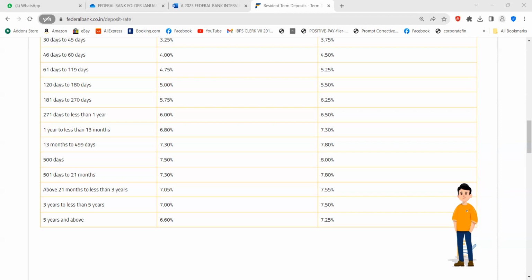And if you want to tell about the awards, you can tell about the 3 awards: the great place for women to work, then great place for millennials to work, among 50 or 60. So like that, definite points you have to speak.